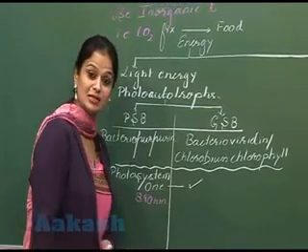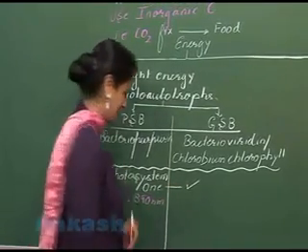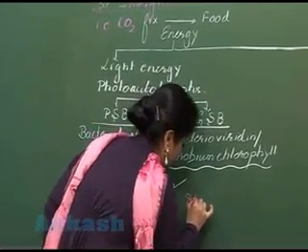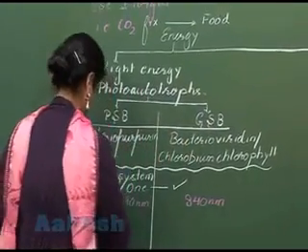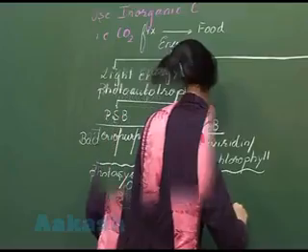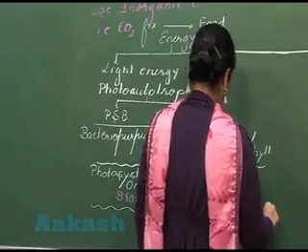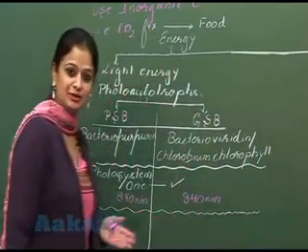And in the green sulfur bacteria, it is activated by absorbing light of 840 nanometer. So this is the condition in the bacteria.